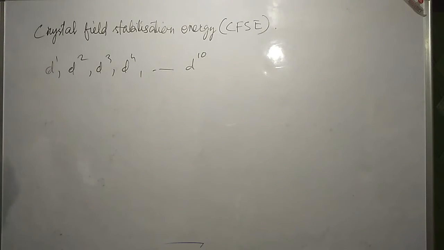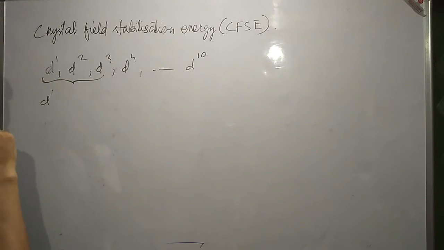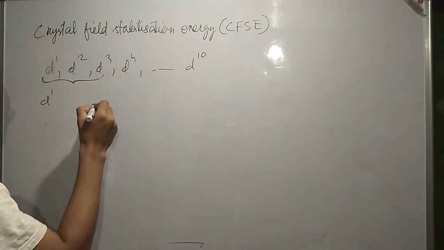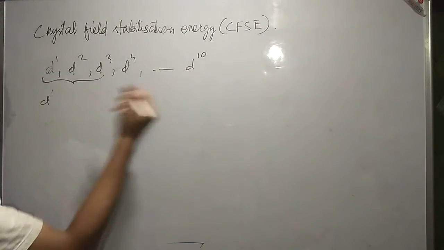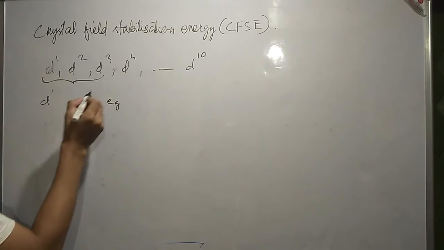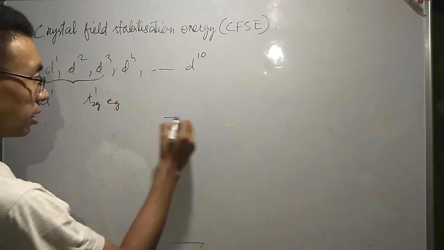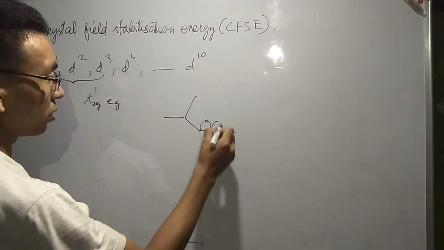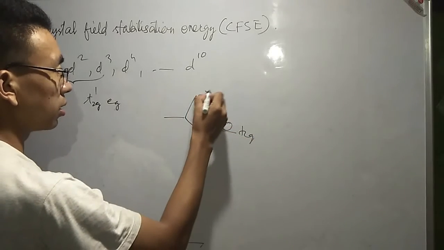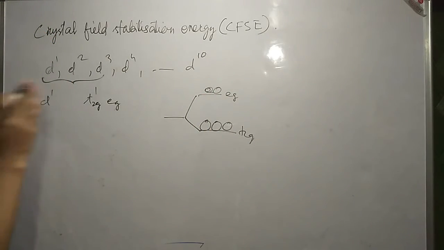Now for the first set, the first 3 d configurations, that is d1, according to the octahedral splitting it will be T2g and Eg. For d1 the electron will be filled in T2g, as you can see here. This is T2g, this is Eg. Now it doesn't matter whether it is a low spin or high spin complex.